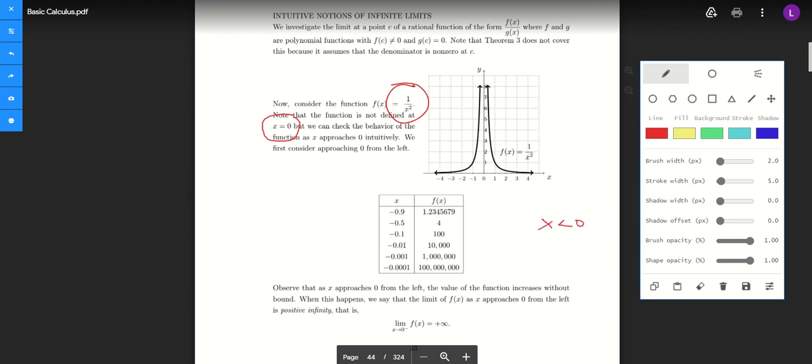What are these numbers? So take note, once you use this, always remember to choose numbers that are very near to it. So like for example, you can start with negative 0.0001, then negative 0.001, negative 0.01, negative 0.1, negative 0.5, negative 0.9.